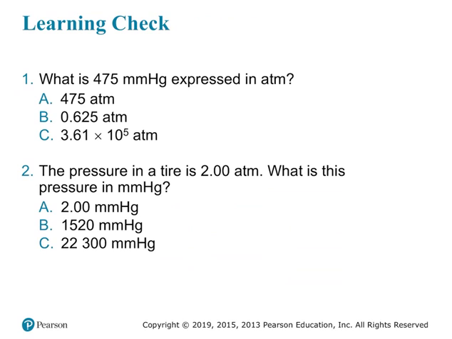Okay, so let's do a couple of practice problems here. And we're going to use that equality where 760 millimeters of mercury is equal to 1 atmosphere. So what is 475 millimeters of mercury expressed in atmospheres? So this is a pretty simple conversion. We've done this before.